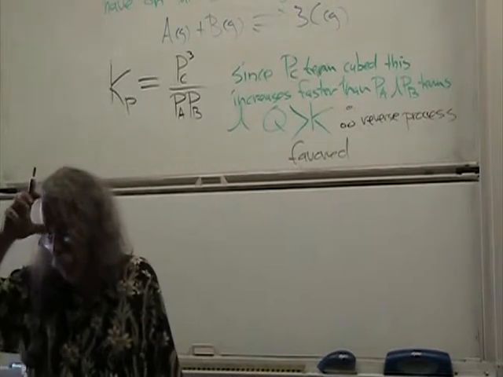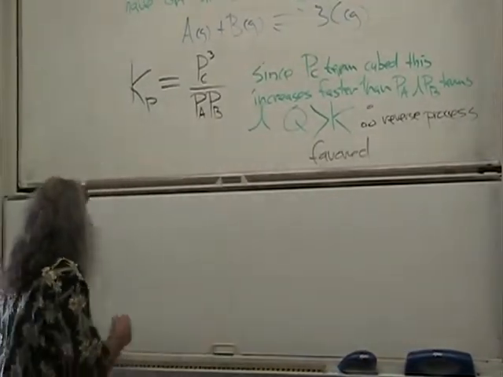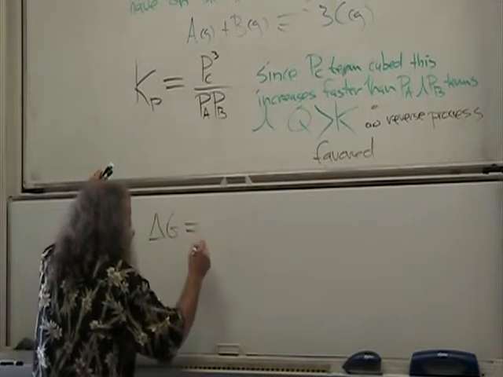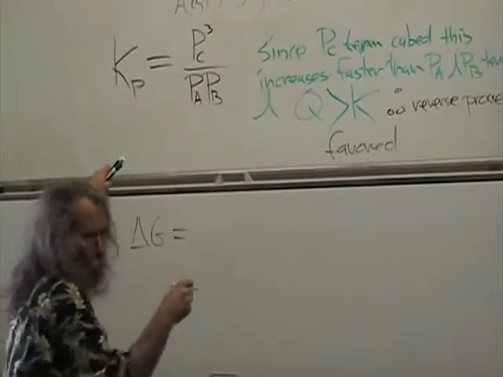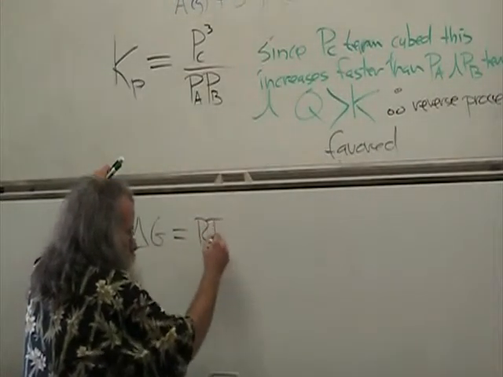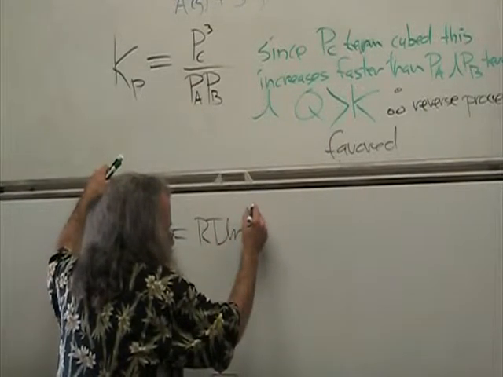Spontaneity determines which process is going to be spontaneous, and the appropriate expression for Le Chatelier's principle is delta G equal to, anybody? RT natural log of Q over K.